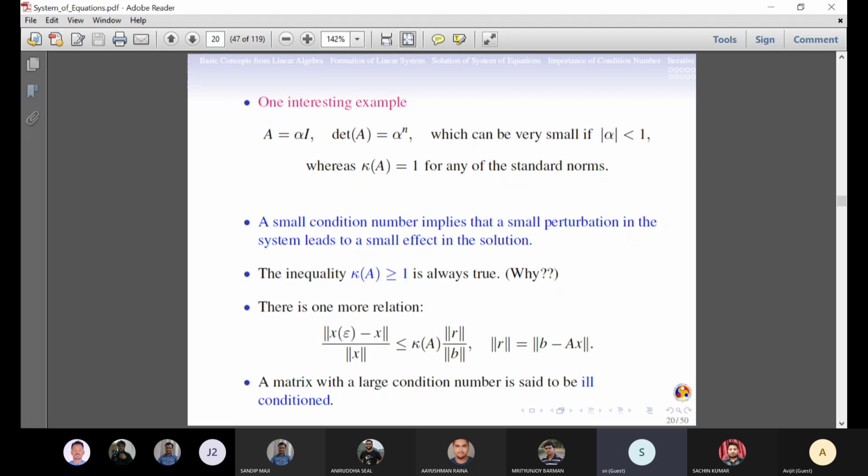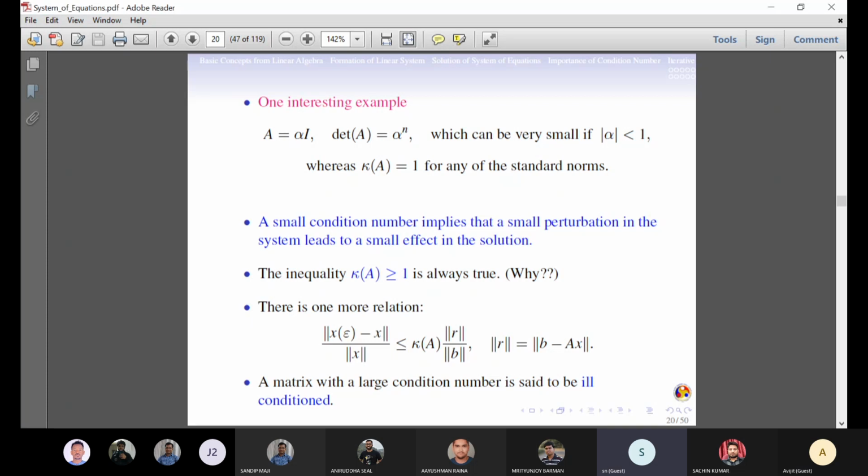The number of operations will be (n+1) factorial. You can imagine if the matrix size is 1000 or a million, how much time it will require. Gauss elimination will be of order n cube, and Gauss-Seidel will be of order n square, in number of operations.